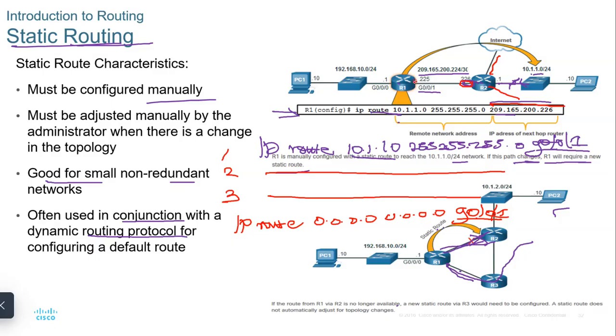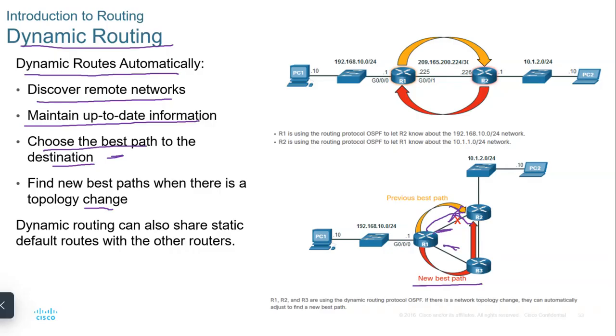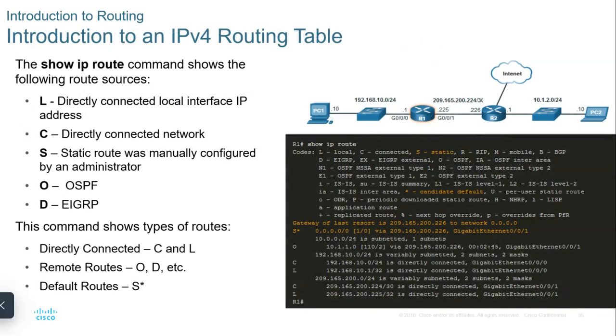The exit interface is the interface that is going to be used to exit that router. But if you exit in this direction, what's the next hop? It's this IP address, and that is what you state if you don't want to use the exit interface.